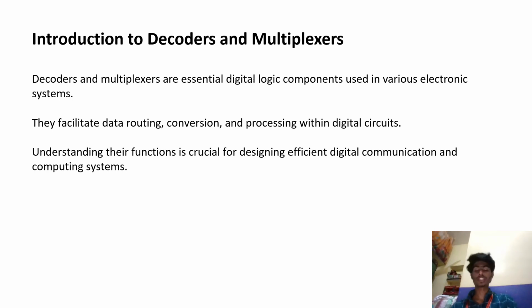Decoders and multiplexers are essential digital logic components. In digital logic, the most used components are decoders and multiplexers. These are used in various electronic systems. They facilitate data routing, conversion, and processing within digital circuits. They work only on binary digits, 0 or 1, and for these we perform data operations such as routing, conversion, and processing using decoders and multiplexers.